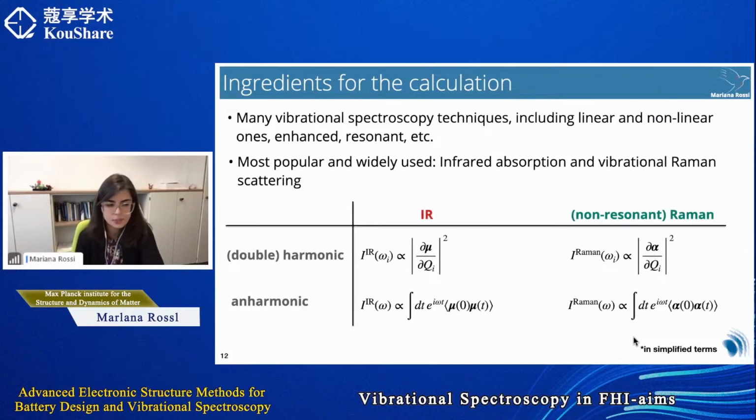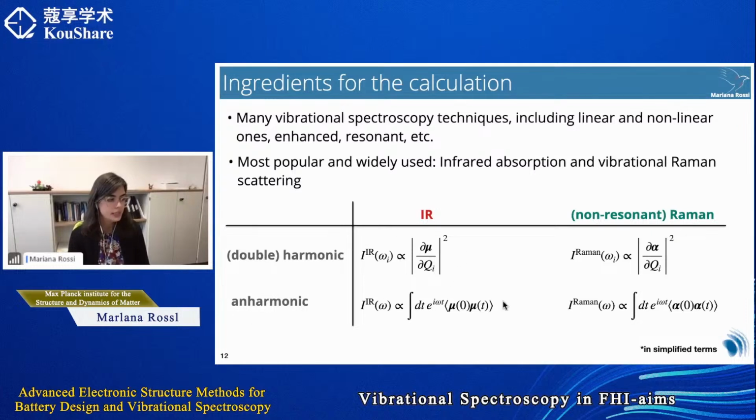I'm writing all these expressions here in simplified terms, as I put here on the bottom, because of course the polarizability is a tensor. So you need to see which components of the tensor you need to look at. The same thing here for the dipole. That really depends on the experimental signal you want to compare to, how you combine the different components. But the ingredients are those.